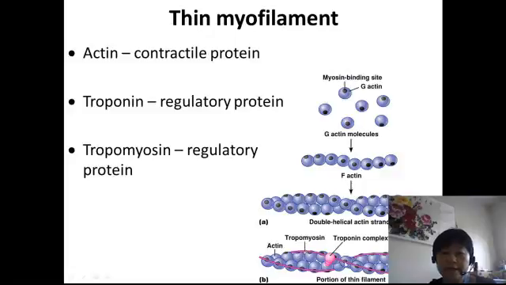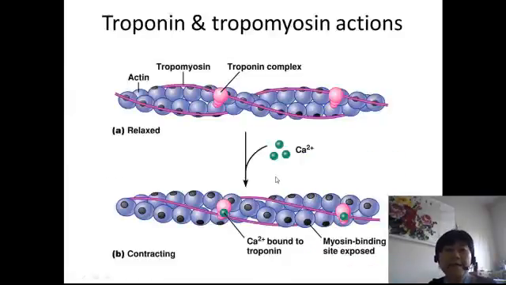This is a thin thread, the pink one, and normally the pink protein, tropomyosin, covers all the black dots, which are the binding sites for the myosin. So during rest, the tropomyosin covers all the binding sites for the myosin on the actin. That is when tropomyosin and troponin are in place.